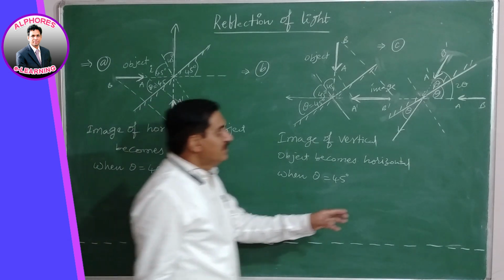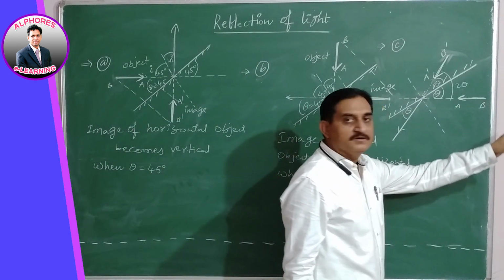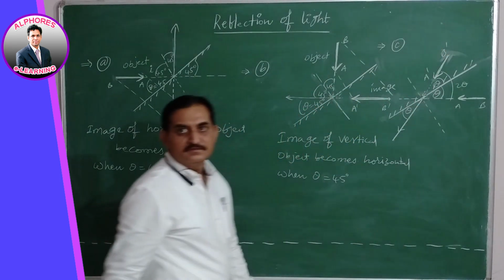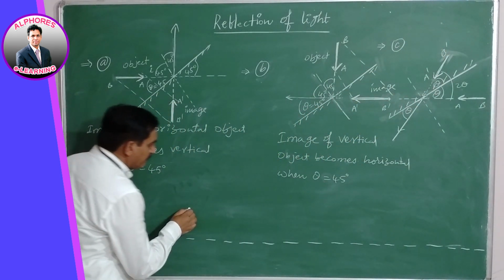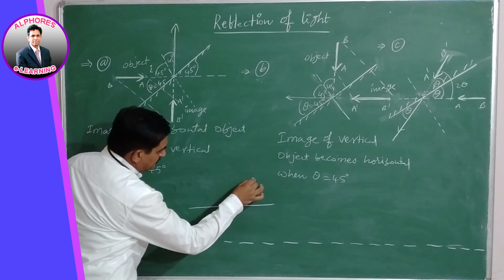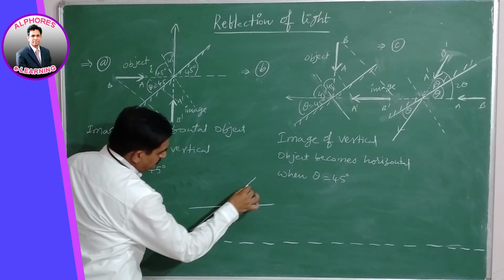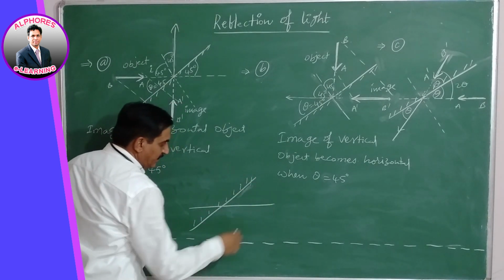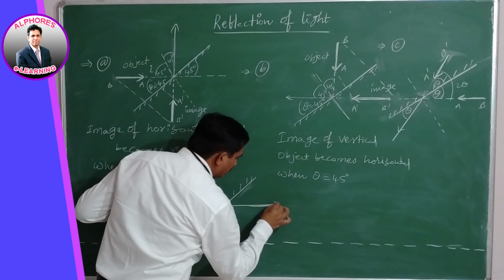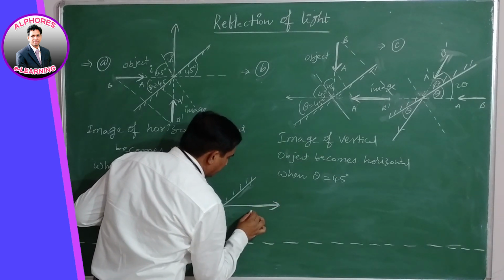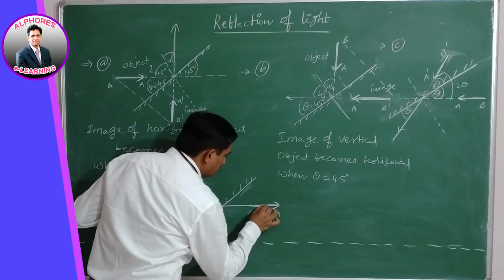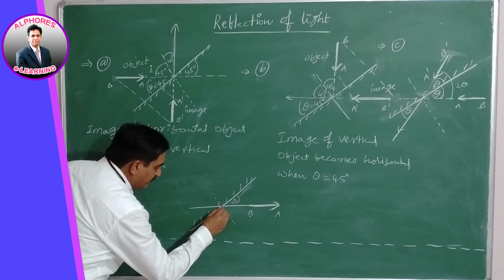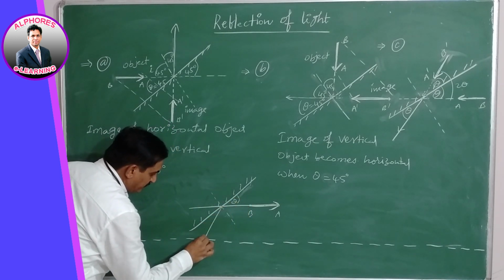Suppose in this case the object is moving away from the mirror, what happens? Its corresponding image is also moving away from the mirror. We can see it by the diagram. This is a plane mirror. The object AB is moving away from the mirror. Now this is theta. By the law of reflection, it reflects along this line.